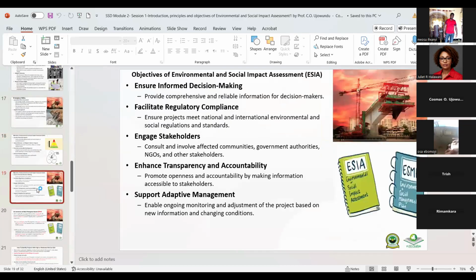Other objectives include ensuring informed decisions. Like we said before, if you have experts in your project planning, if you do a comprehensive ESIA, your decisions will be finessed. Your decision will be almost 99% accurate.